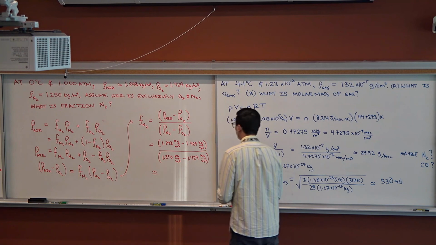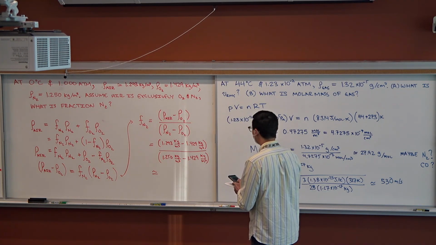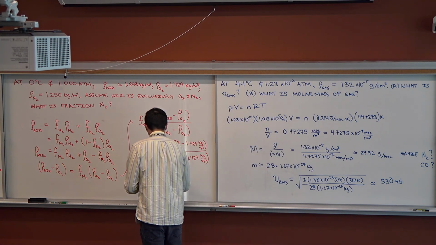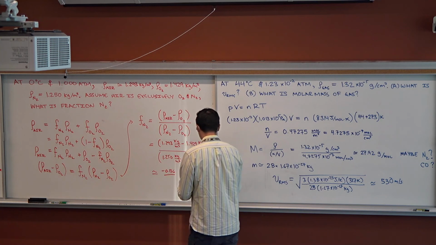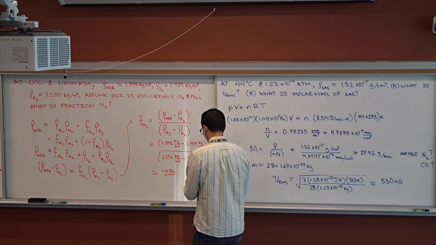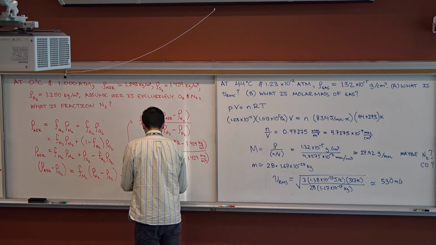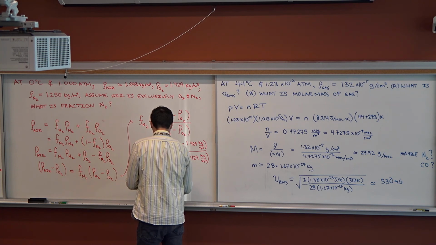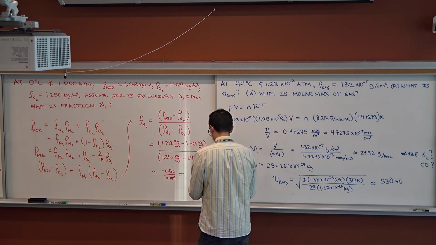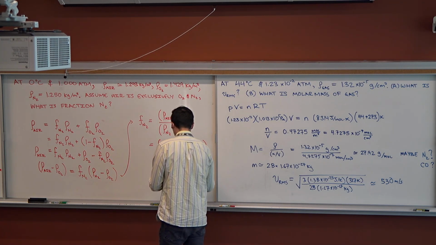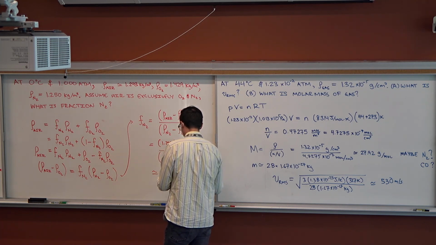And that's minus 0.136 over, I can do this in my head, minus 0.179, so 0.136 divided by 0.179 is about 0.76.